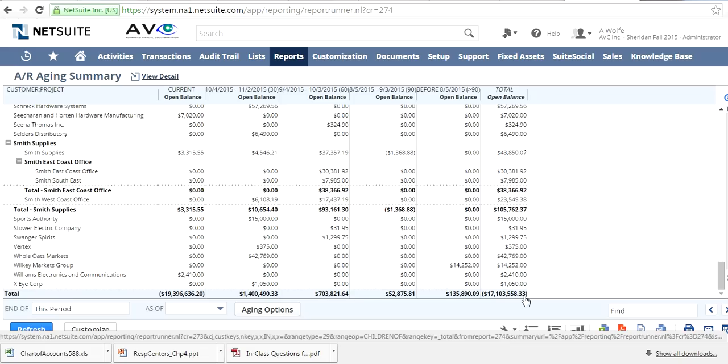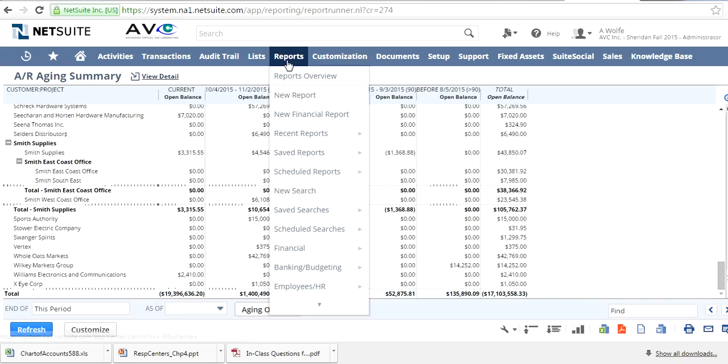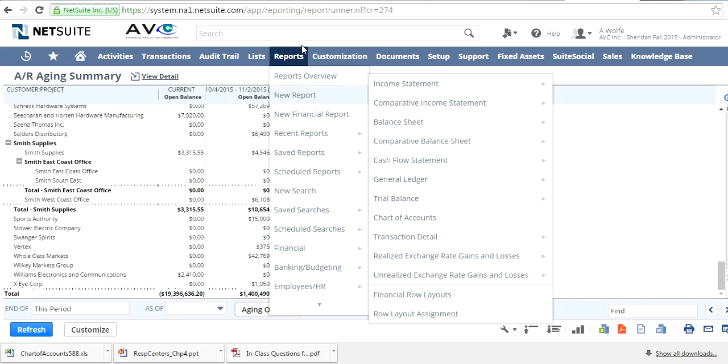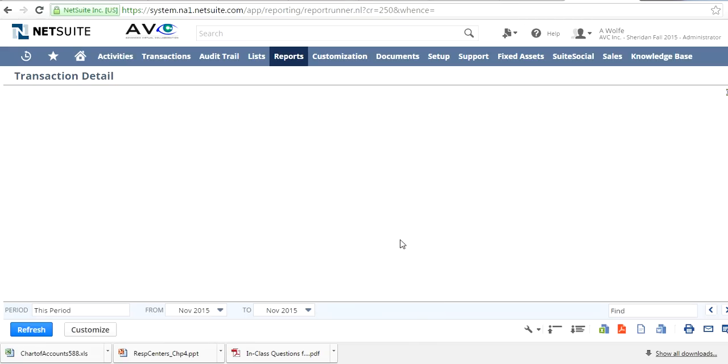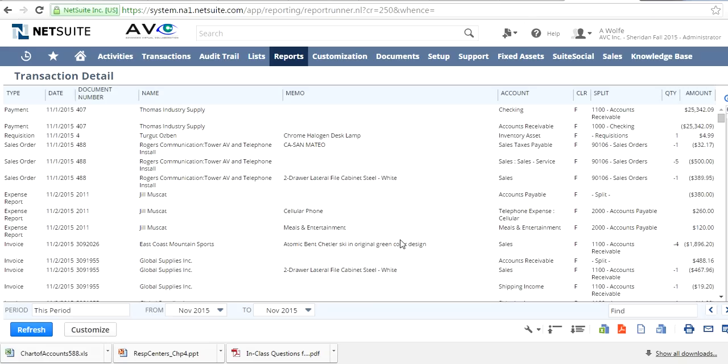If it were me, what I would start with is probably a listing of all the entries that went through the control account. So what I would try to do maybe is go to reports, financial, transaction detail. Okay, so if anybody made journal entries to the account, we would be able to pick them up through here.